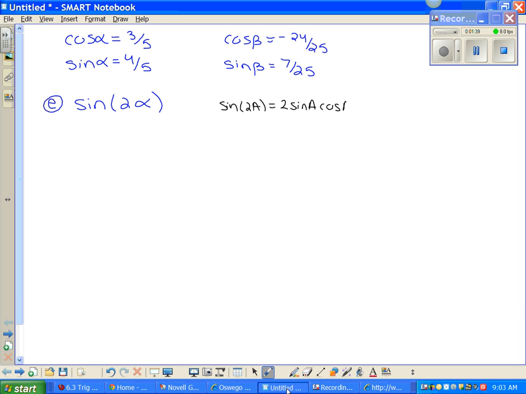But instead of a, we're going to be using what? Alpha. Good. So sine of 2 alpha equals 2 sine alpha cosine alpha.